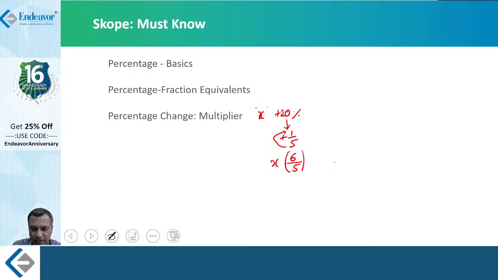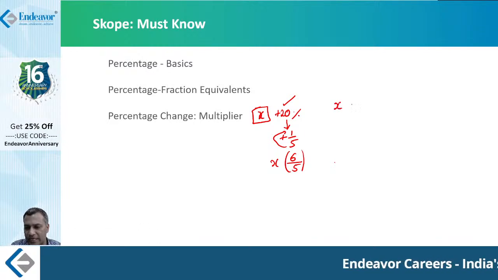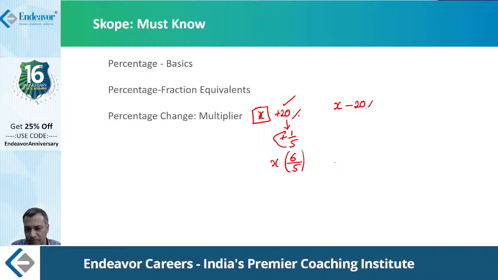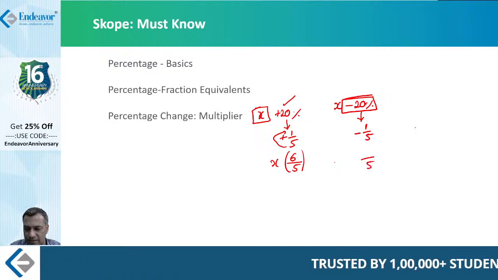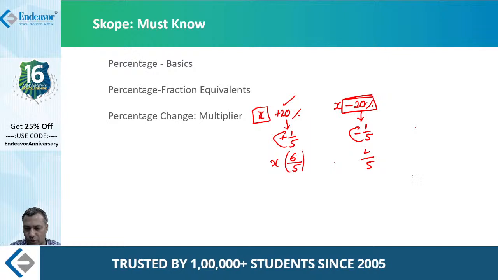If my initial value is x and I say increase this x by 20%, all I have to do is find 6 by 5 times x. On the other hand, for the same x, if I say decrease this by 20%, what would the resultant be? We said 20% is nothing but 1 by 5. The multiplier corresponding to this keeps 5 as it is, then 5 minus 1 gives 4.